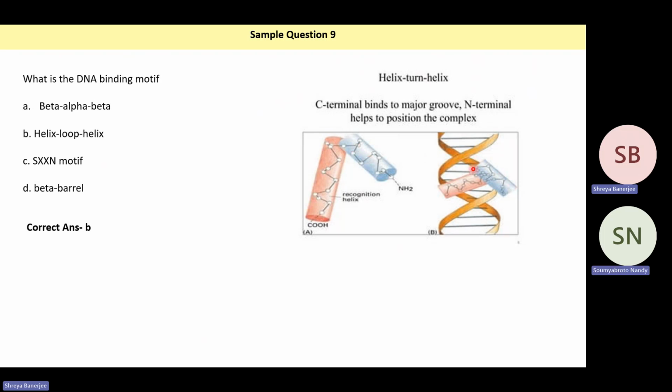The complementary helix will bind to the DNA backbone and position the polypeptide, and the recognition helix will recognize certain bases of the DNA and bind to it. So the helix loop helix or helix turn helix is one of the most common motifs found in DNA. Another common motif is also leucine zipper, but that is not there in the options. So here your answer is helix loop helix.